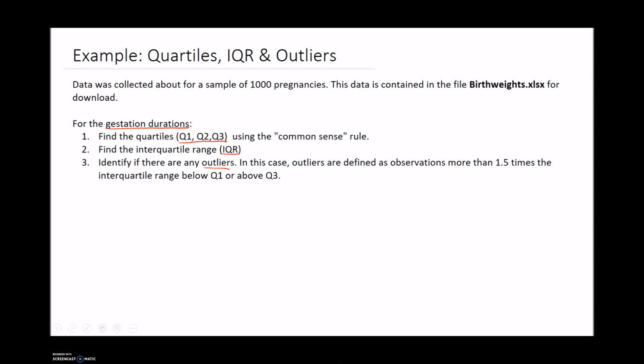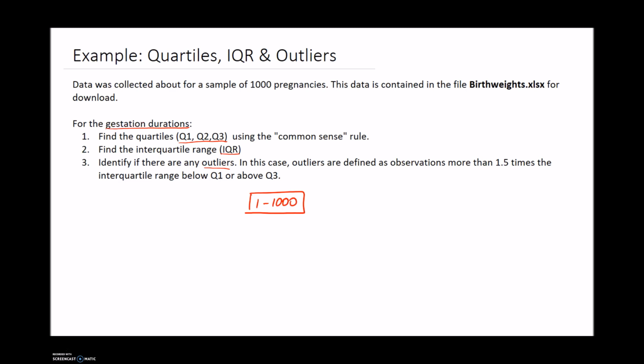If we're going to do this using the common sense rule, what we need to do is figure out what observation numbers would correspond to Q1, Q2 and Q3. We have observations 1 to 1,000, and if we order them from smallest to largest, the first observation would be the smallest value for the gestation period, and 1,000 would be the largest.